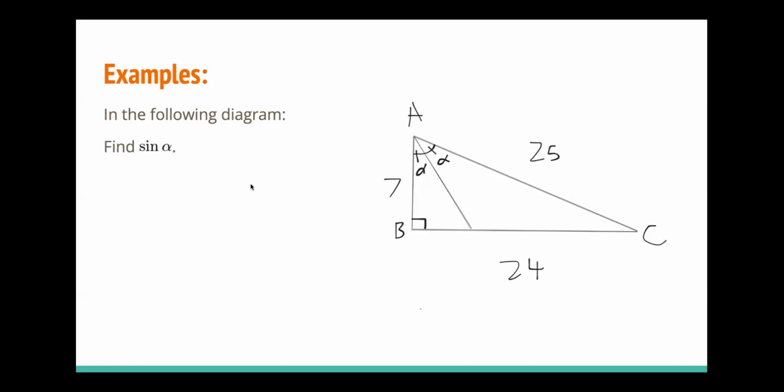When you're trying to find the sine of something, you want the opposite and the hypotenuse, and those are side lengths. So you do want to bash out the side lengths here, but it's not that hard of a calculation.